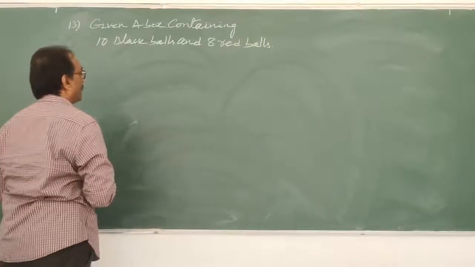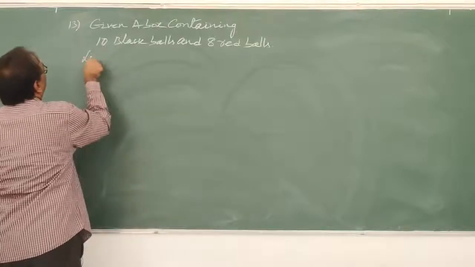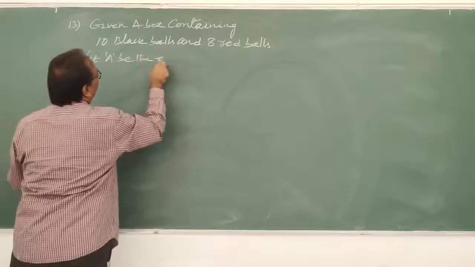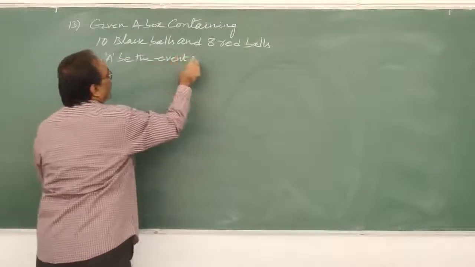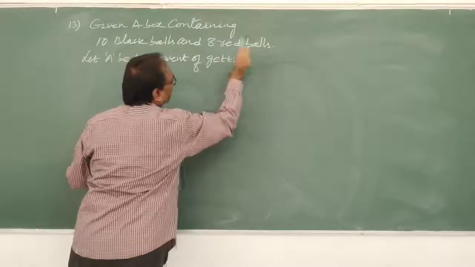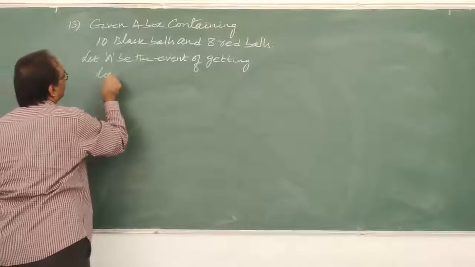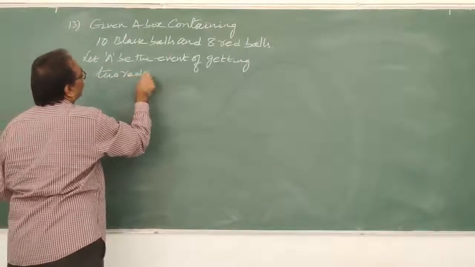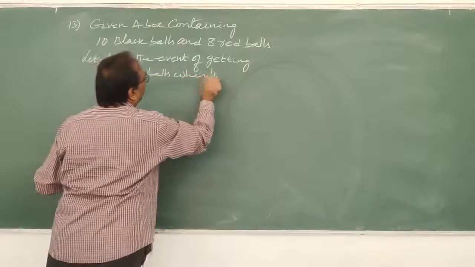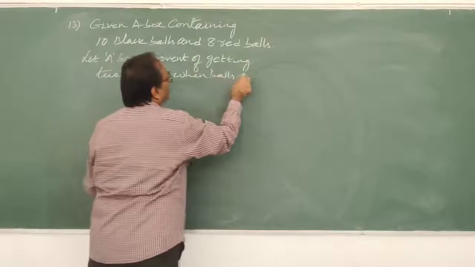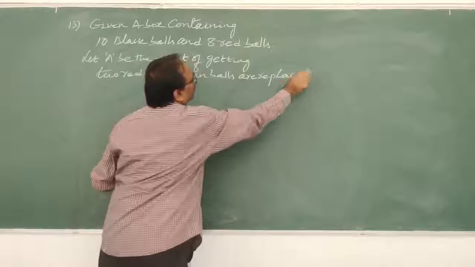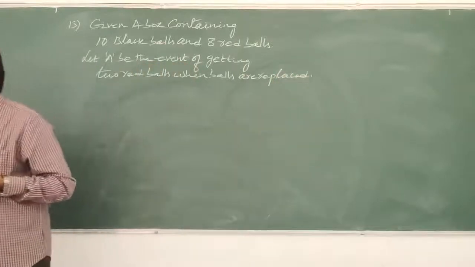So, you can write, let A be the event of getting 2 red balls when balls are replaced. Because he has given replaced like that. If he had not given it, it would be different. I will see now. Once again I will check.